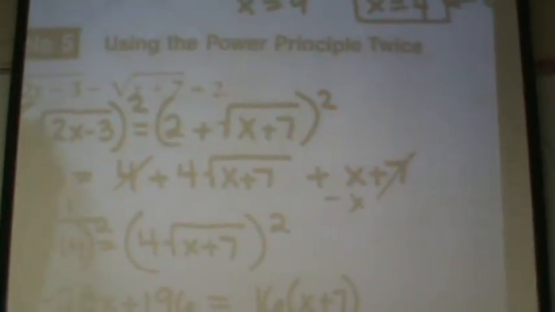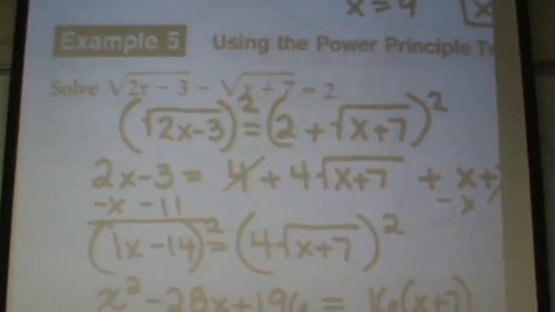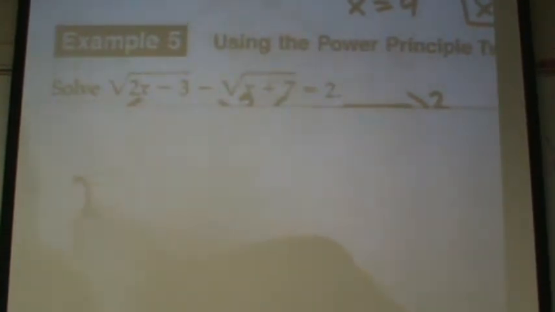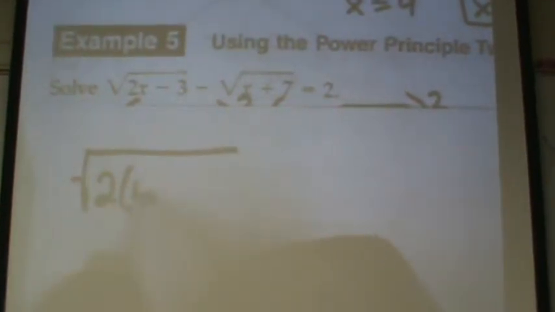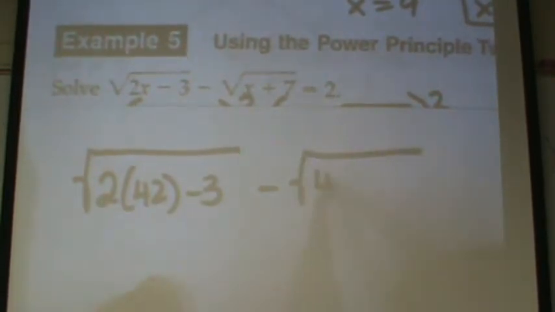Well, let's do it. Let's try 42 in here. If we were to put a 42 inside, we have 2 times 42 minus 3 minus the square root of 42 plus 7. Does this equal 2?